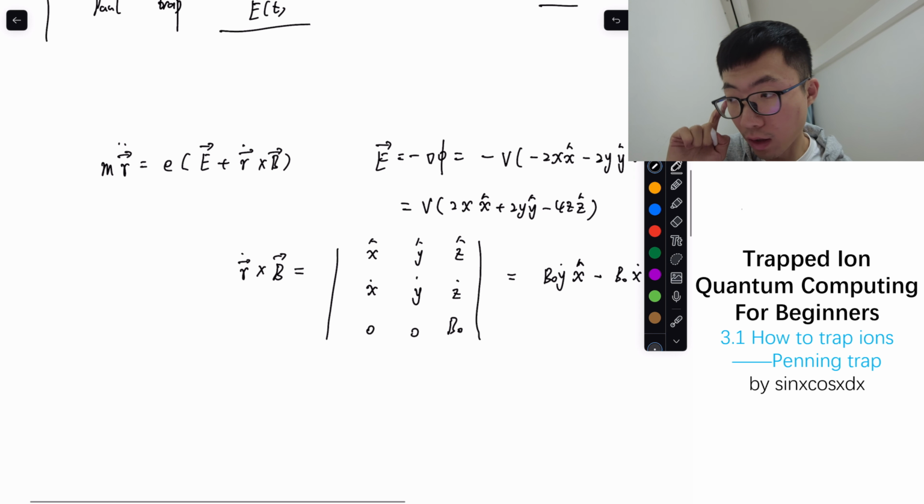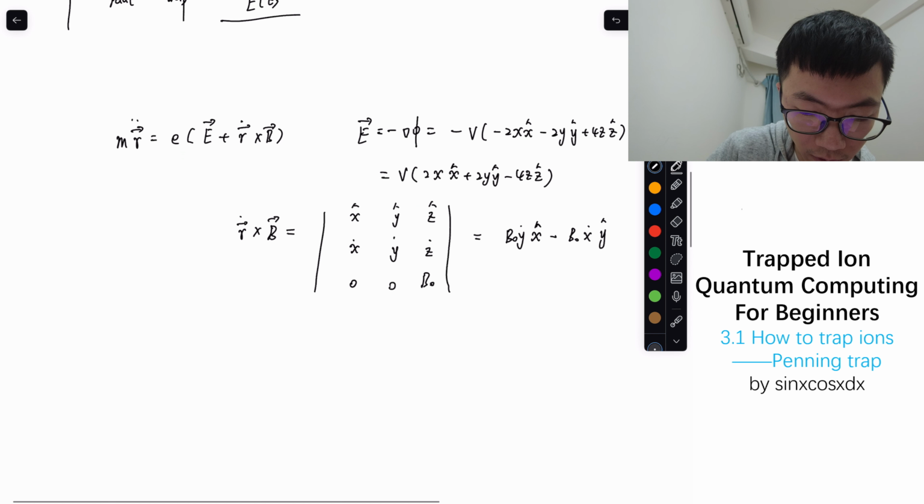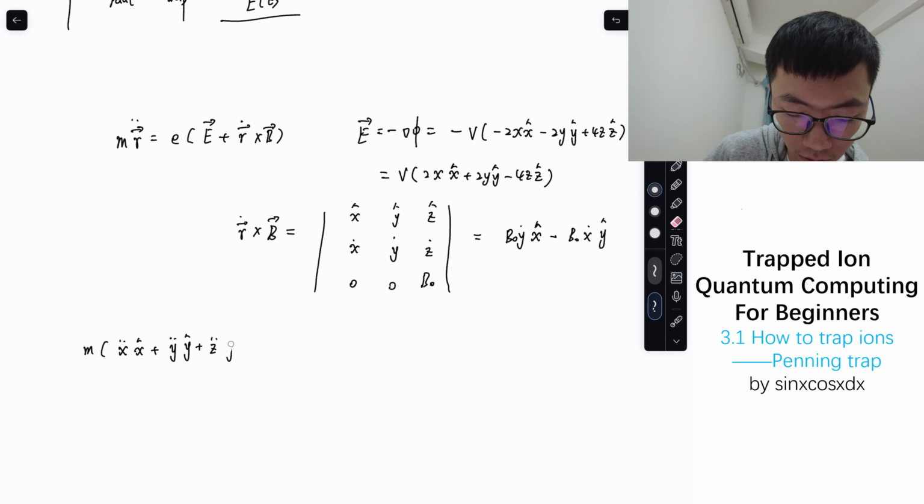Okay, so then we can write this equation down, expand this equation towards the three coordinate axes.